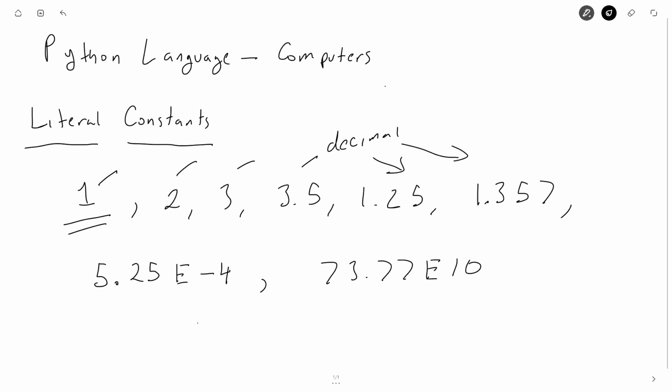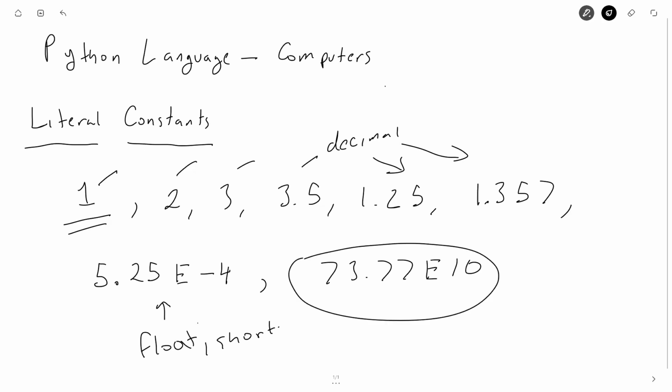And this is something that you can call a float, which I will talk about later. So before I go, I just want to give you one example of what this is.